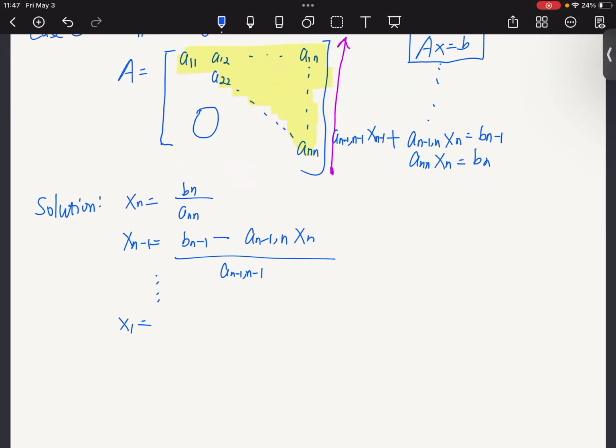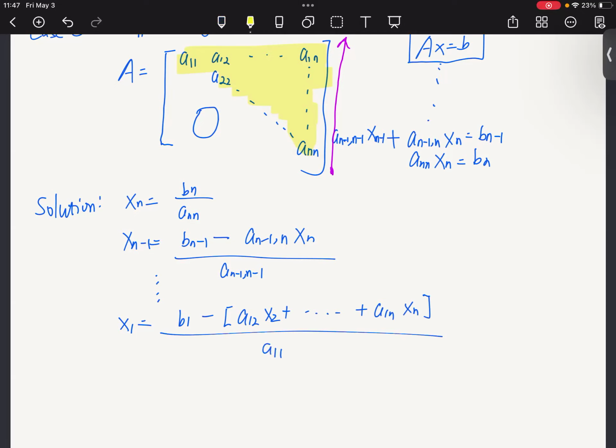X1 is just B1 minus the things we already know on the left-hand side, starting from A12 X2 and all the way to A1n Xn, and then divided by A11. And this is the formula.